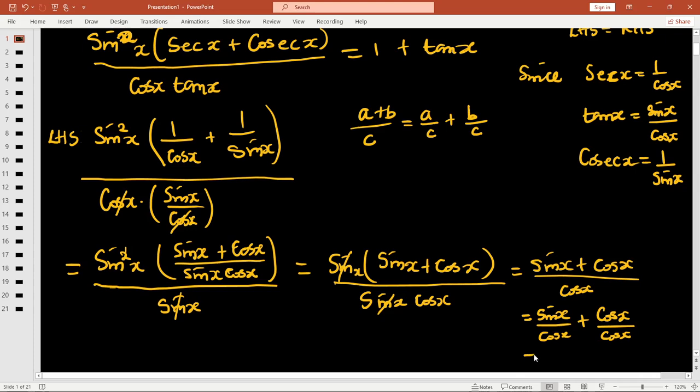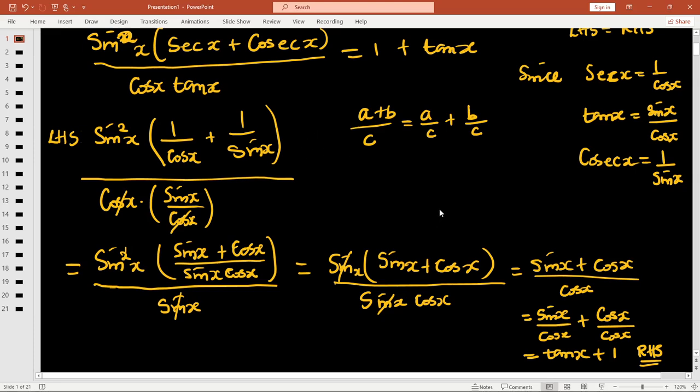Then we know that sin x divided by cos x, we get tan x, plus cos x divided by cos x here, we get 1 there. So when you look at this, this is equal to the right hand side that we have there. So hence we've proved this trigonometric identity that we have there.